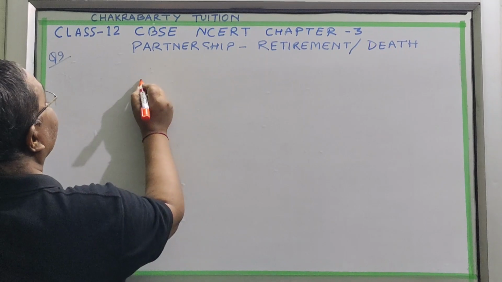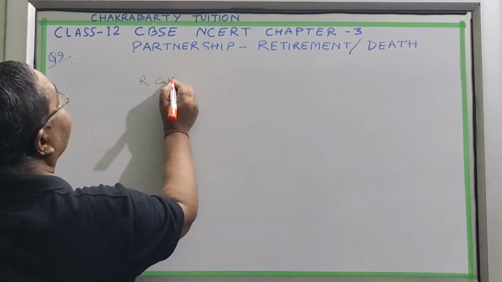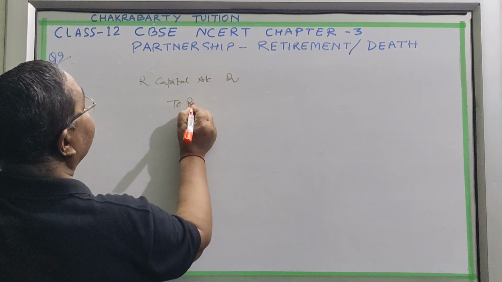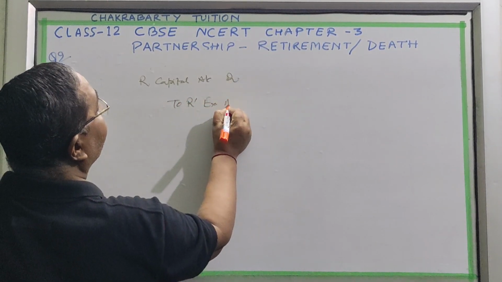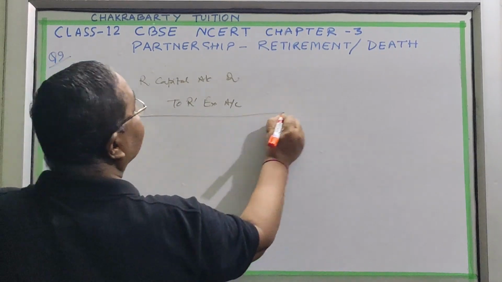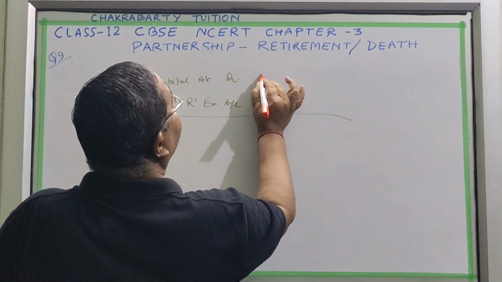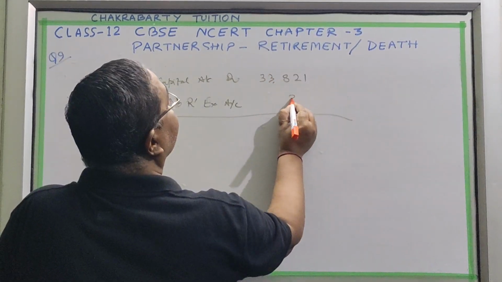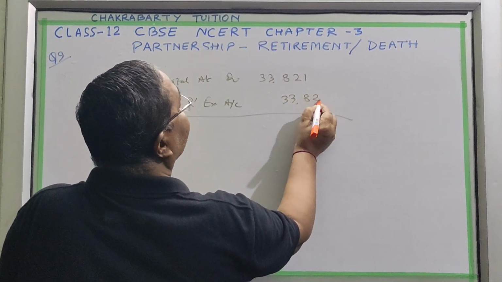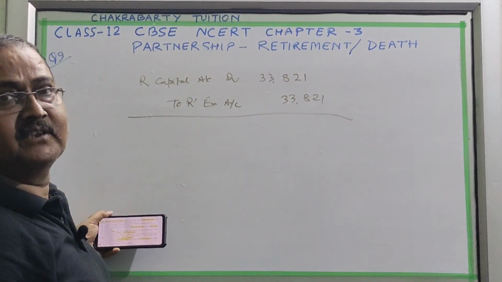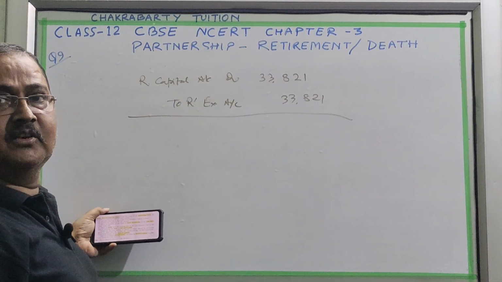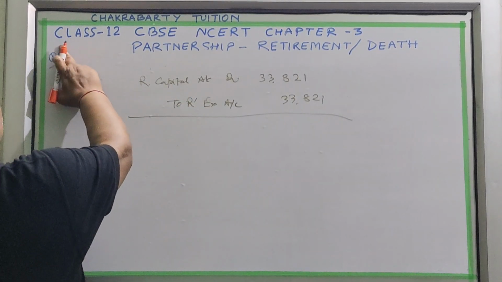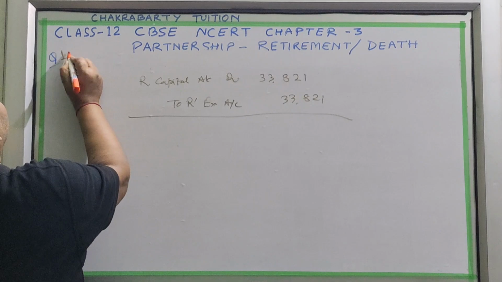The last entry will be Rocky's capital account debit to Rocky's executor's account, and all the balance will be transferred to his executor's account. And with this, your 9th question is over. Now we are going to question number 10.